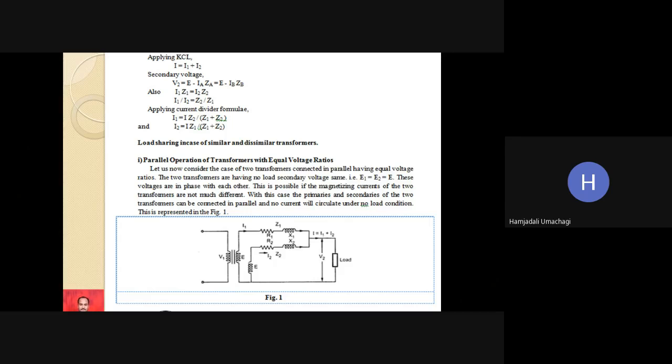This is possible if the magnetizing currents of both transformers are not much different. If the magnetizing current of the first transformer and that of the second are the same, then the voltage induced in the first transformer will be the same as the voltage induced E2. So both transformers' magnetizing currents must be the same.